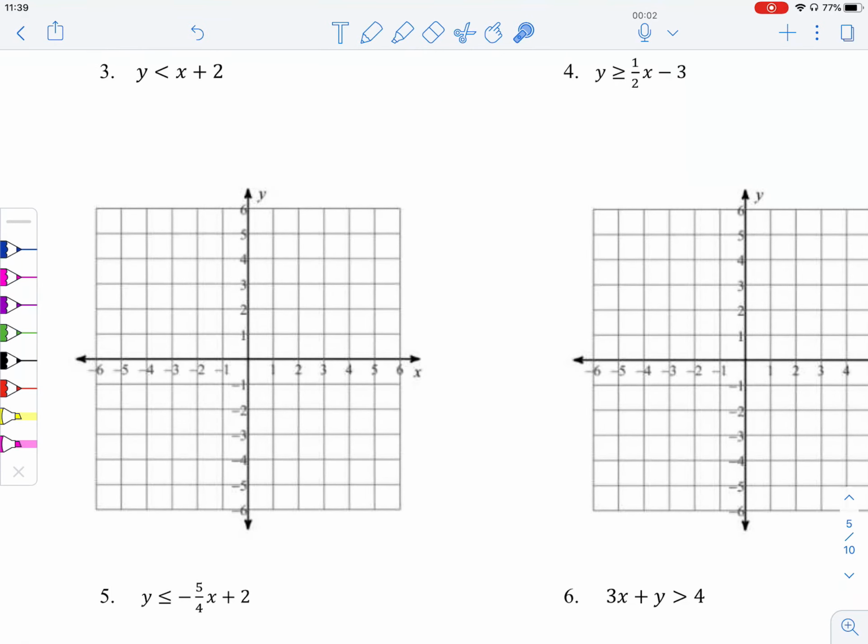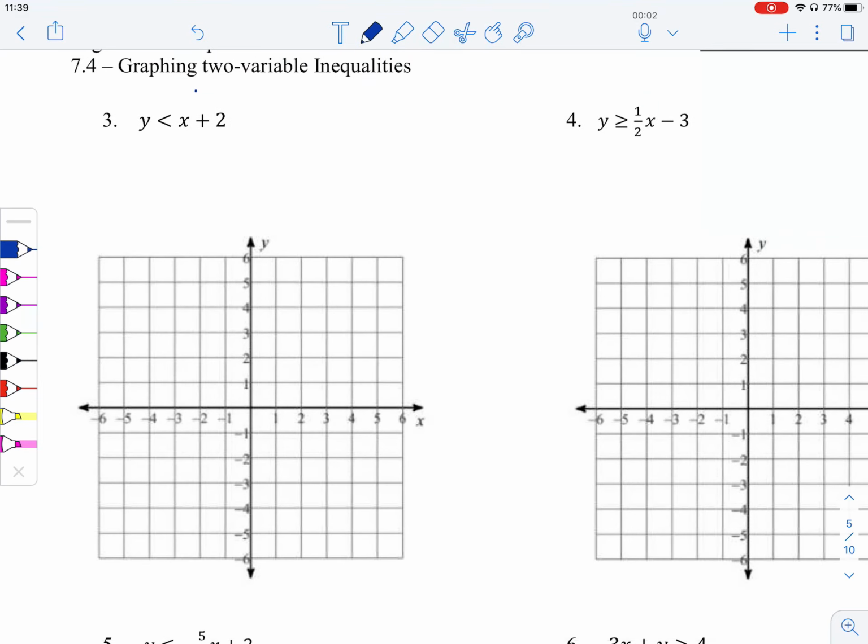Okay, so here's number 3 as an example. So first, we can already tell by our inequality, right? This is less than. So less than means we're going to shade below. If we want it to be less than. And then we also can tell, since it's not equal, it's going to be a dashed line.